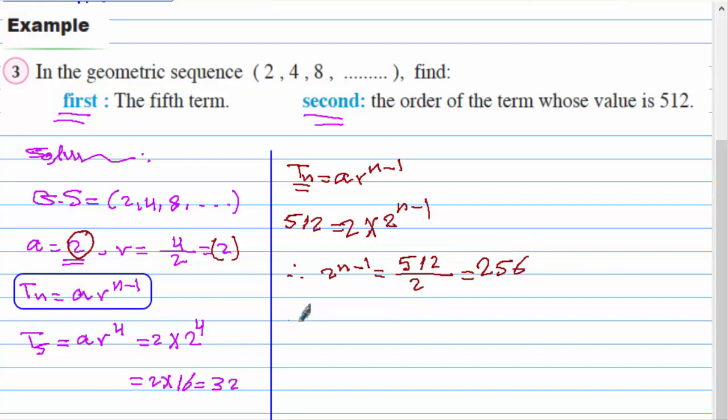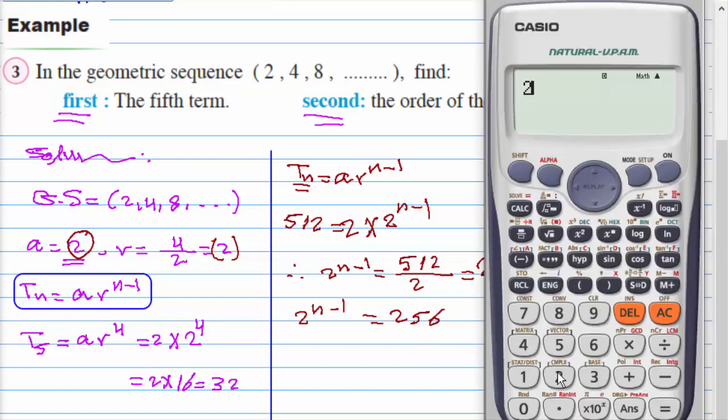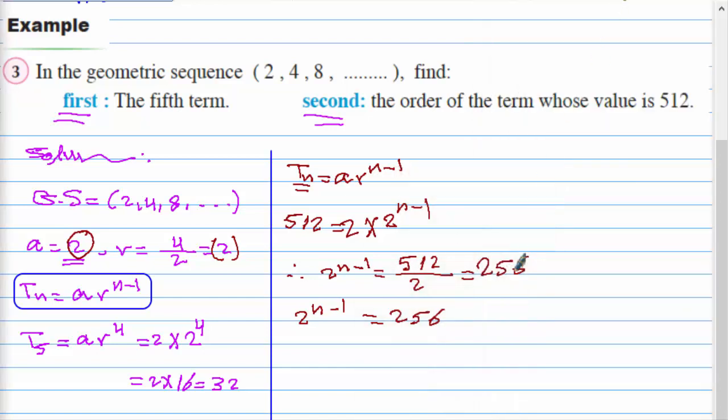Okay, so we have 2 power n minus 1 equals 256. Using the calculator, 2 power 8 equals 256. So we can write 2 power n minus 1 equals 2 power 8.